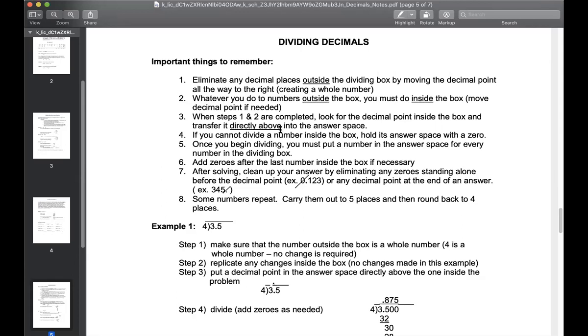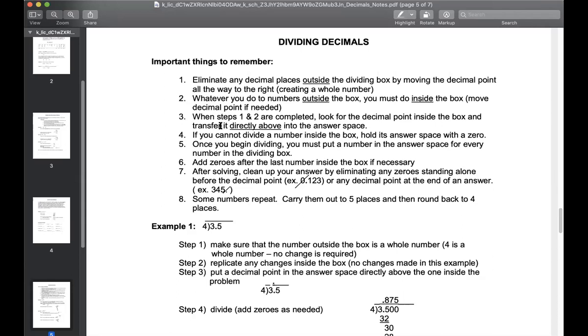All right, so we're gonna go over those different examples of how to do that. And then we're gonna just do a little bit of practice with dividing our decimals. Okay, so there are some steps here. These steps are good for you guys to review and go over if you need the help to think about what those steps need to be.